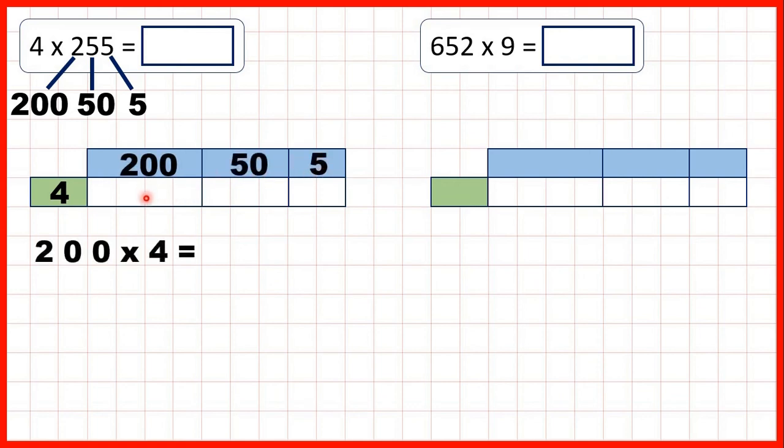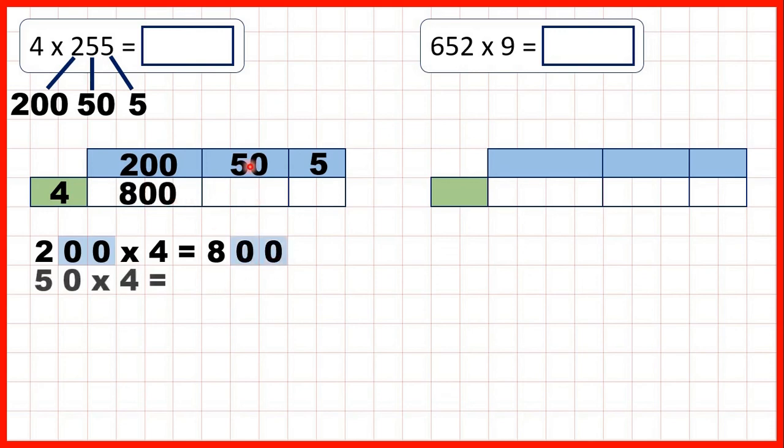Now here we need to work out 200 times 4. That's 800 because 2 times 4 is 8, and then if we have 2 end zeros in a multiplication question, we need 2 end zeros in our answer.